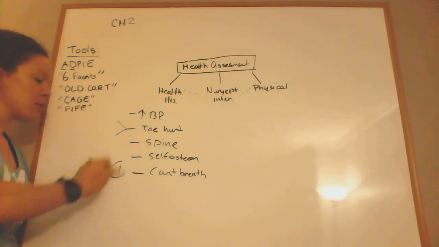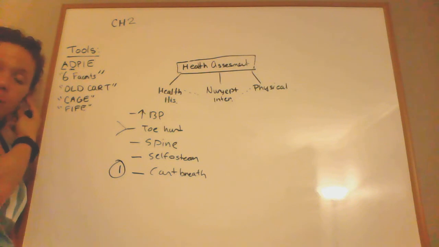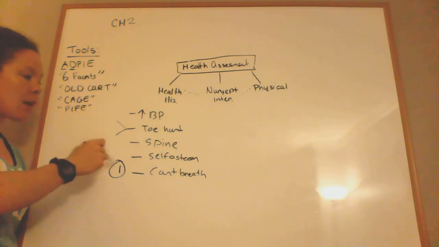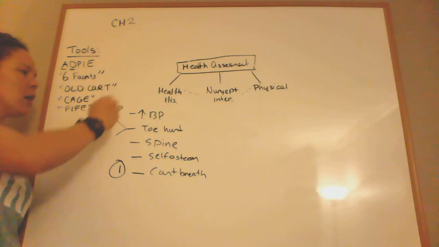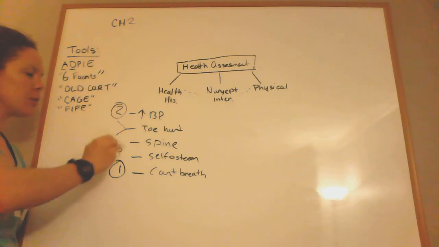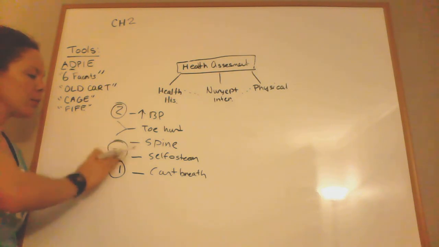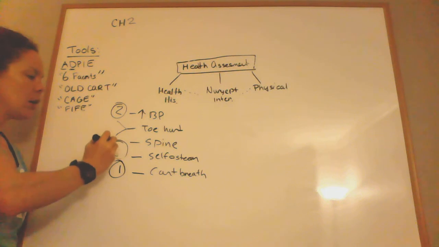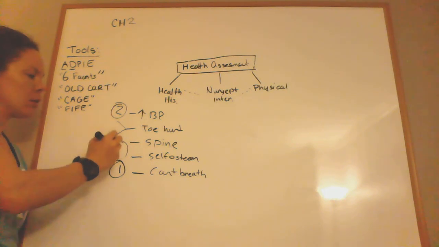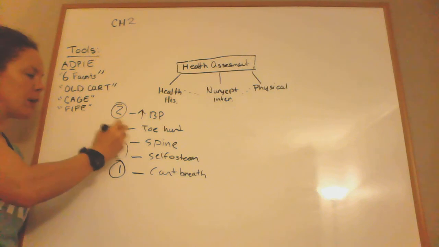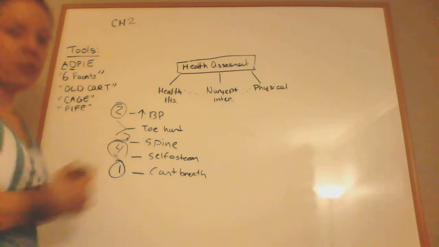The can't breathe is far more important, so we're going to look at that. Your high blood pressure might be related to the can't breathe, and this is going to take some judgment.